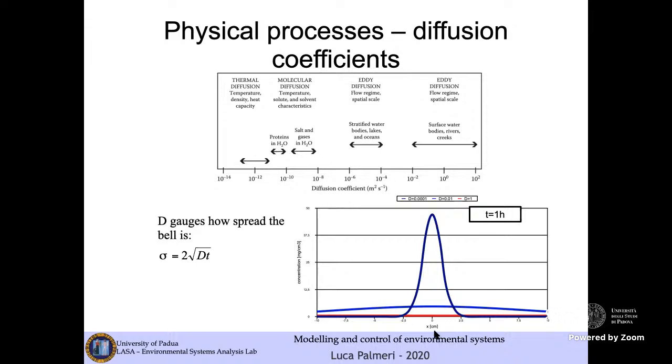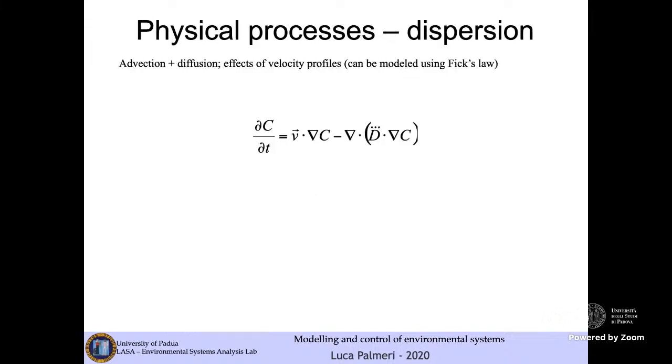We are looking at what happens to the concentration at x, in particular at 0, you have a maximum in the beginning, and then you have a smoothing Gaussian bell-shaped curve. And this happens after 1 hour, so you leave the system 1 hour to move materials through diffusive processes.